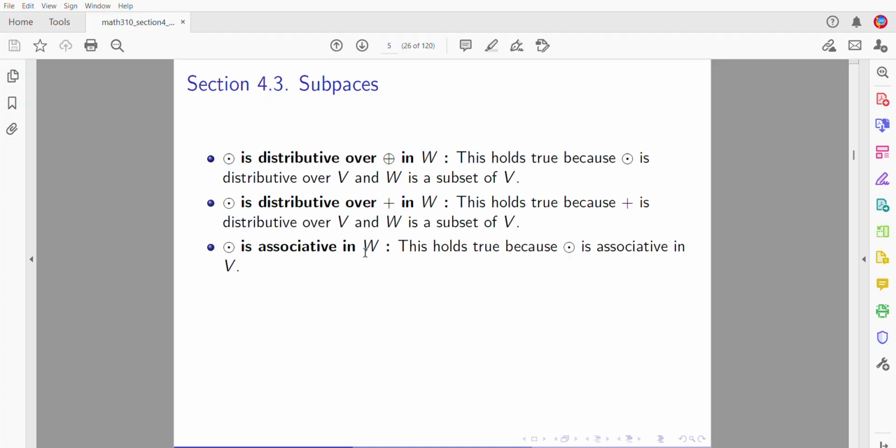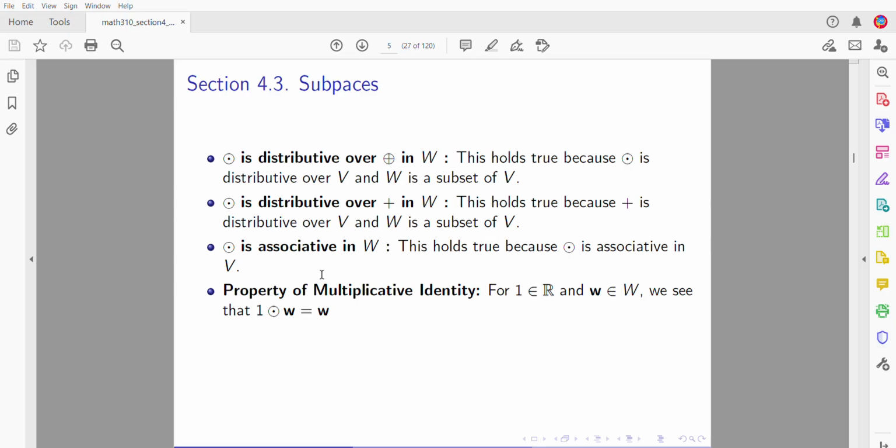Again, yes, because it holds for the bigger set V. Lastly, property of multiplicative identity: for the real number 1 and any vector w, 1 ⊙ w has to be w because that happens in V. Little w is in capital W, which is sitting inside bigger V. So this holds in V, so it has to hold in W.